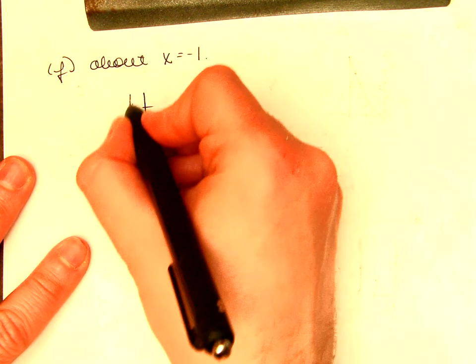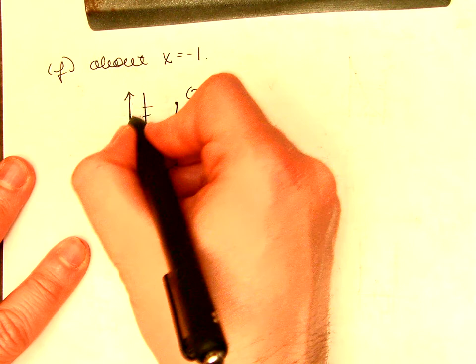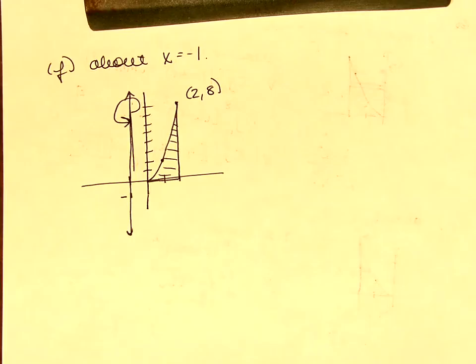Sort of like that, spinning around that line. All that space means washer method.